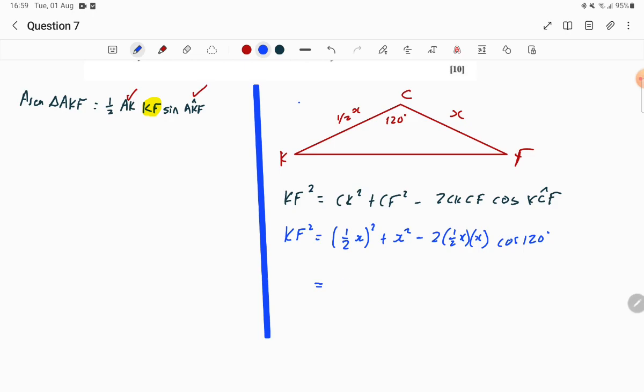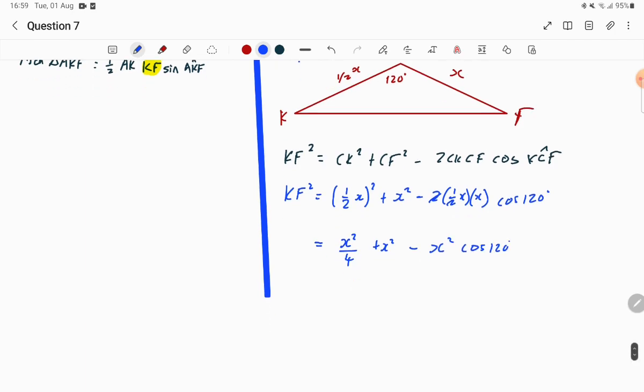Firstly, this is going to be x squared over 4 plus x squared minus x squared cos 120, because the 2 cancels out and you're just left with x times x. Now cos 120 equals negative half.